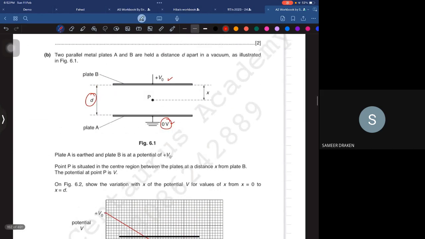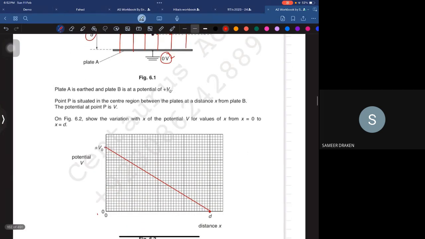The reason it is a straight line is that it is a uniform field within it. And the other thing is that the distance from that potential to zero is just d. That's fine. All right, kids. Any questions? Please let me know.